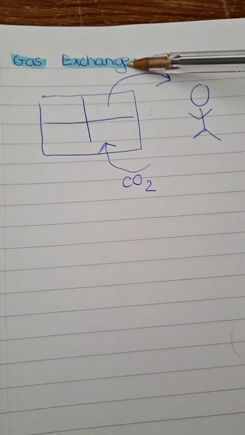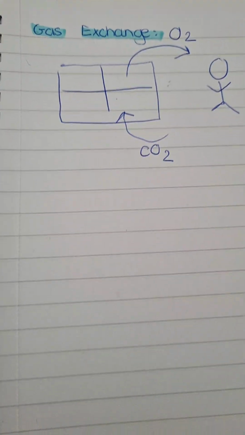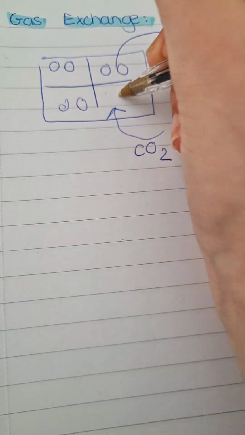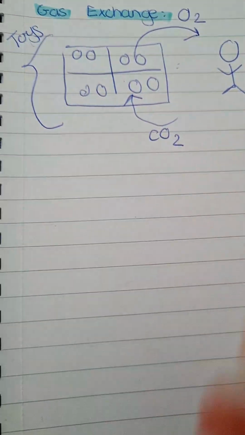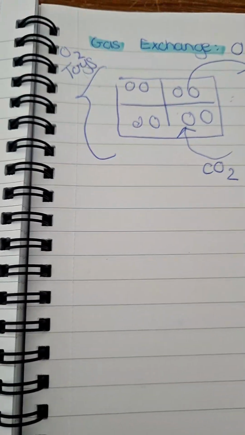Let's now focus on the question how gas exchange actually occurs and happens. Imagine the window is made up of tiny holes. Okay, and let's say the air outside is made up of lots of toys. And these toys are the oxygen.